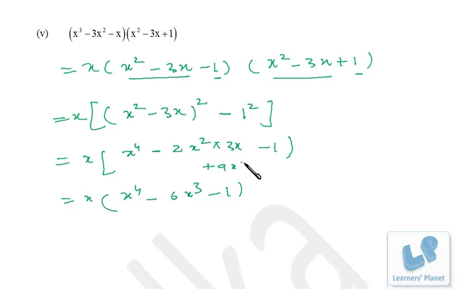So I forgot 9x square. So now this is x4 minus 6x cube plus 9x square minus 1, right? So if we multiply this x to each term, it will be x raised to 5 minus 6x raised to 4 plus 9x cube minus x, right?